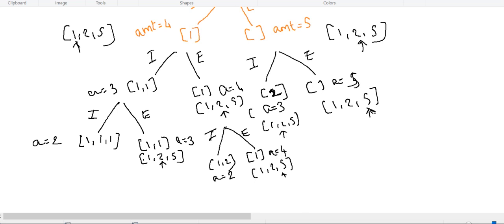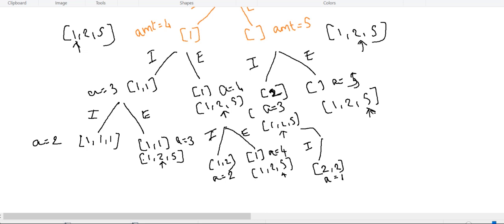Now for this one, when I do include, my pointer is pointing to 2, so I'm including the element 2. That's going to give me 2, 2, and the amount was 3, so now the amount is 1.